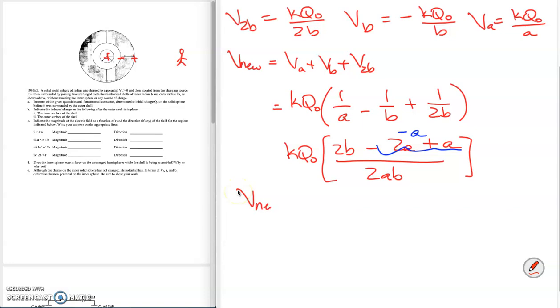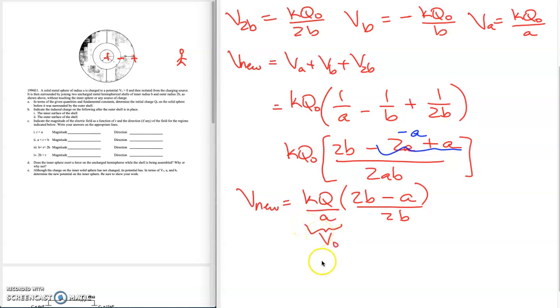So V new is going to be KQ 2B minus A over 2B. And let's move the A over here. And if you remember, unfortunately, I erased it. KQ over A, that was V naught.